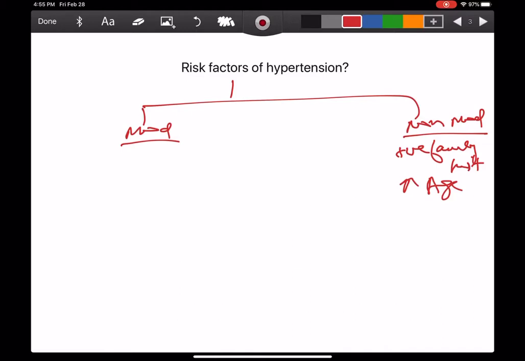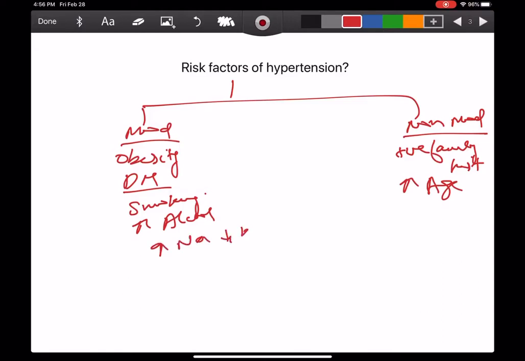Let me talk more about the modifiable risk factors like obesity, diabetes mellitus, uncontrolled diabetes mellitus, followed by smoking, increased alcohol consumption, having diets that are having increased values of sodium and decreased values of potassium.